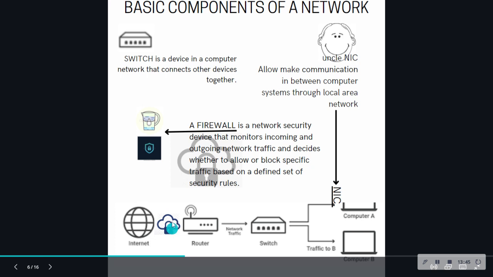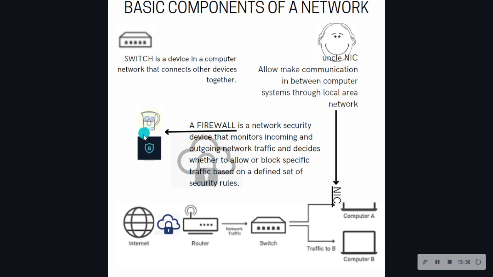security rules. So you need to know that a firewall will lie between your router and your internet, and it will have the basic functions of, and those are the two functions that I have drawn with two pictures. That little jack represents a water filtering system, and the other one is a security badge.